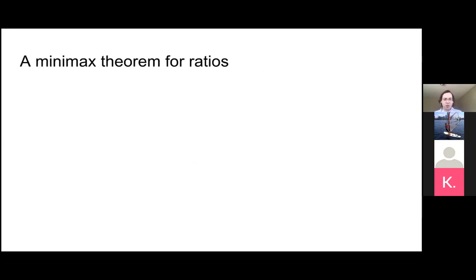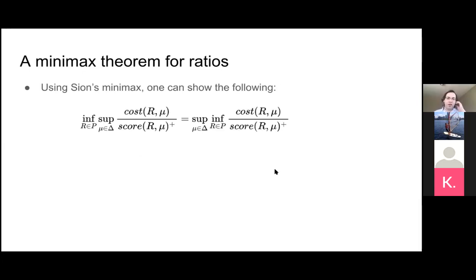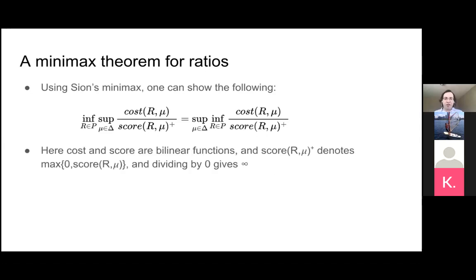And so what we notice in this work is that using Sion's minimax, you can get a min-max theorem for a ratio of linear functions. So here, cost and score are arbitrary bilinear functions, and the plus superscript denotes the max of 0 and the function.